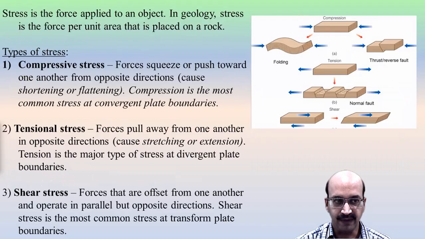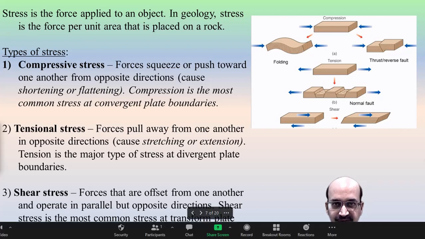We know very well regarding the three types of stress: compressive stress, tensional stress, and shear stress. In the case of compressive stress, forces squeeze or push towards one another from the opposite directions, as we can see over here in the diagram.